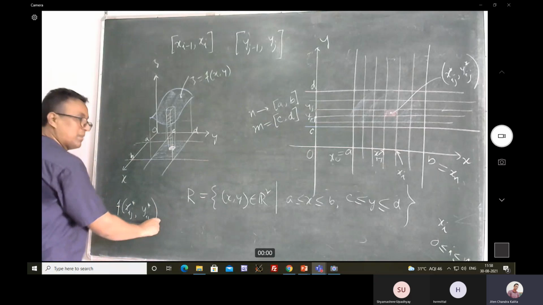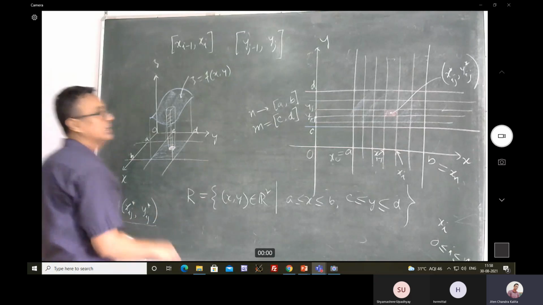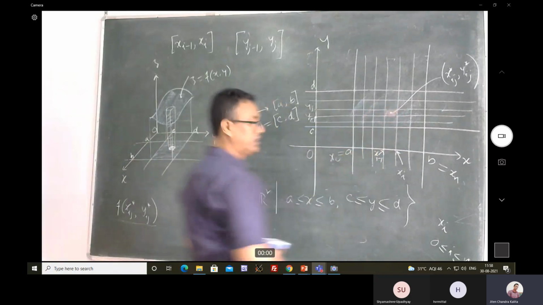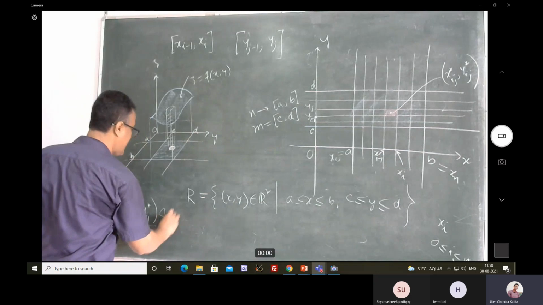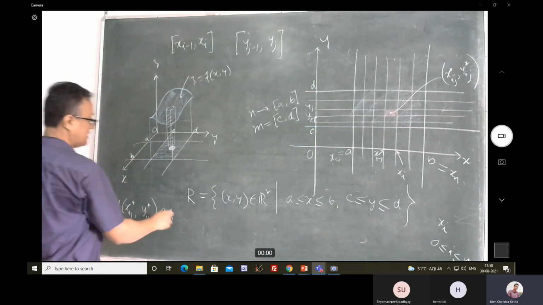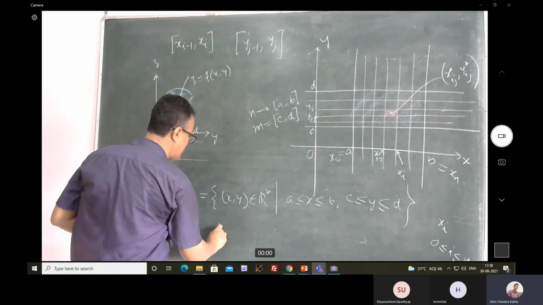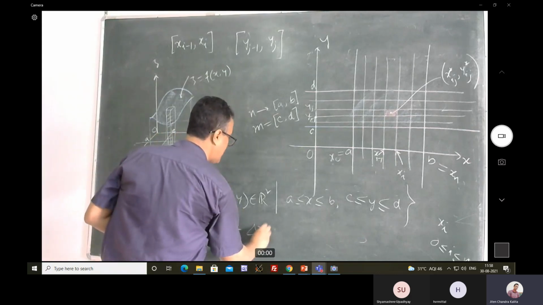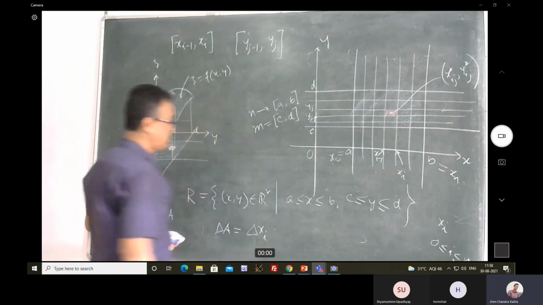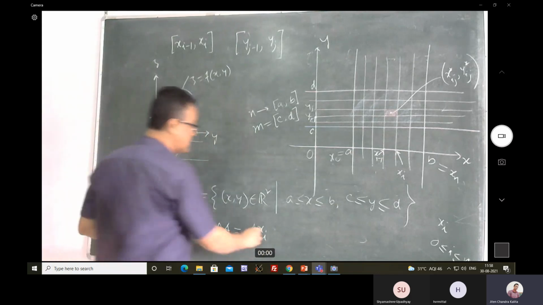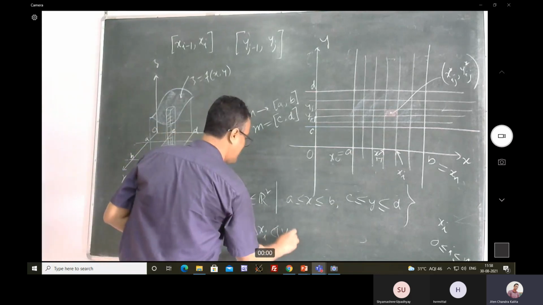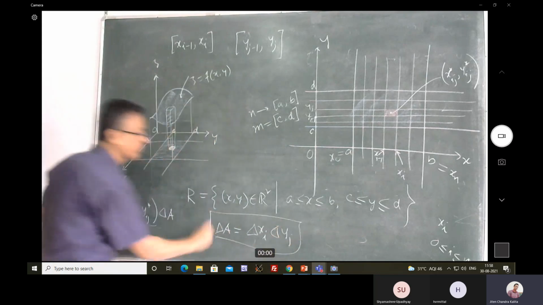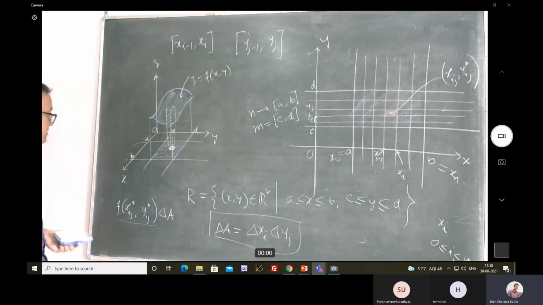If I multiply it by the area of this subrectangle, which I am going to call delta A, and if I call the lengths of those subintervals delta xi and delta yj, it is going to be given by this. Is it okay? Fine.